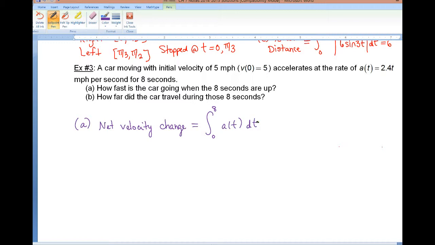Why? Like it's the total change. Why are we using change as well? Well, it starts out at 5. We can add that in. It's kind of like displacement.